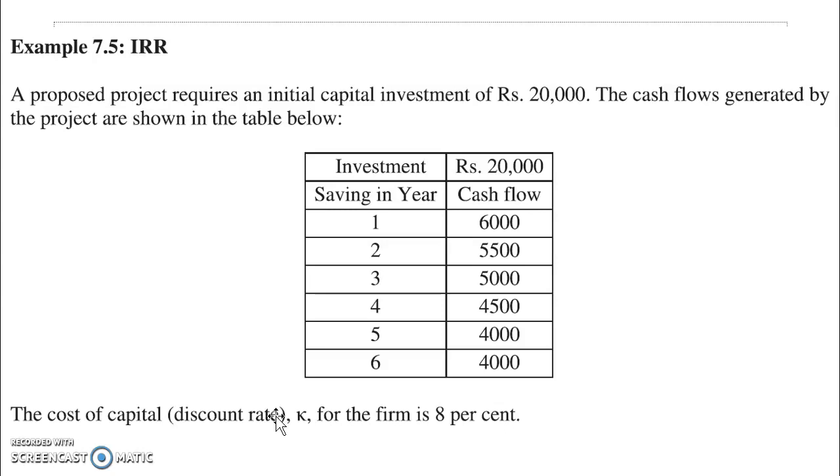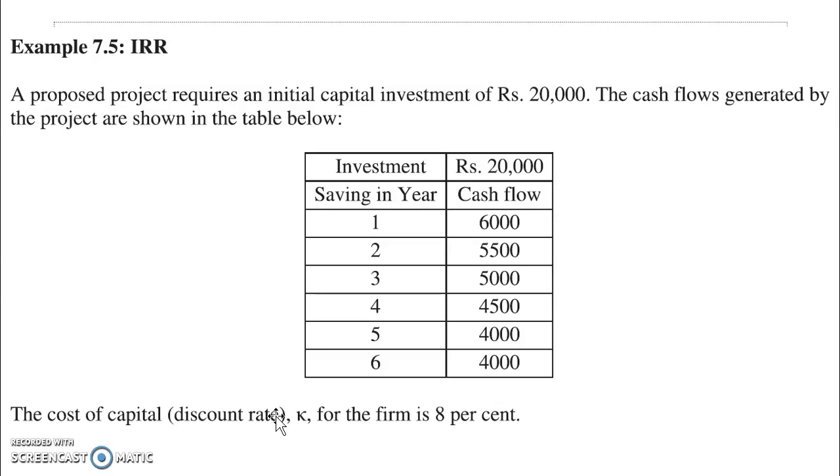Another big point to keep in mind is that whenever you are calculating the internal rate of return, you are finding a discount rate, which is a particular percentage. That percentage rate should always be greater than the prevailing interest rate in the market for that project to be feasible. So again I am repeating, the discount rate you find using the IRR should always be greater than the prevailing interest rate in the market.